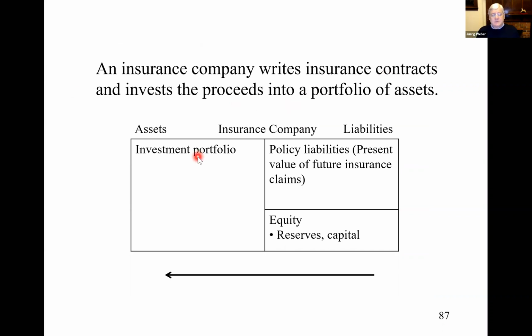It buys assets. Insurance companies mostly hold government bonds. They invest into bonds and treasury bills. Maybe they also hold shares. Banks do not hold a lot of shares. It depends on the country. In some countries, banks are allowed to hold shares. In other countries, they are not.